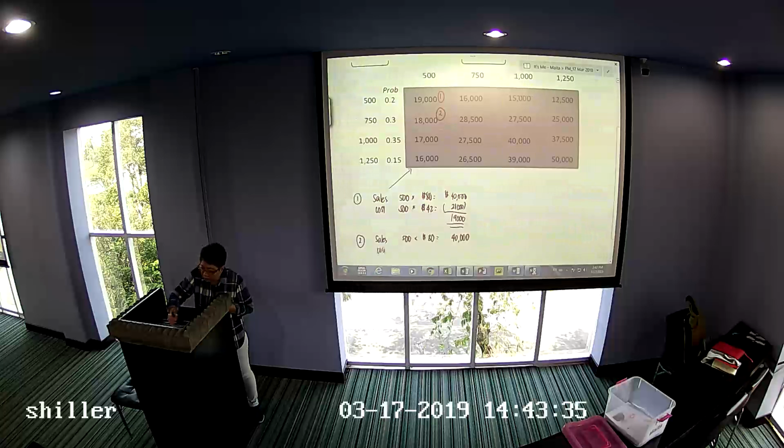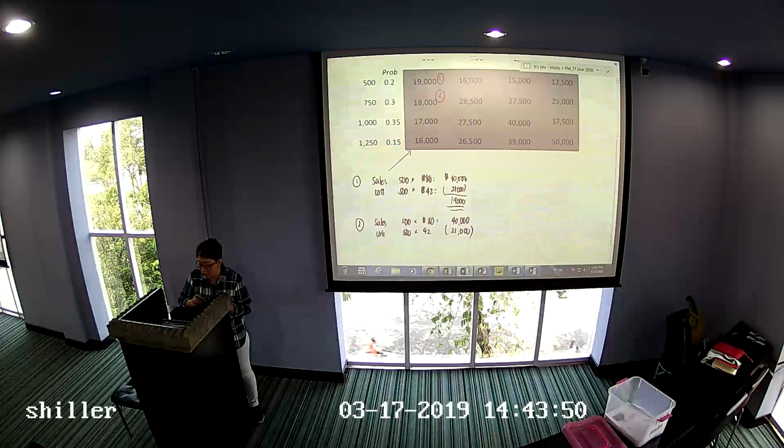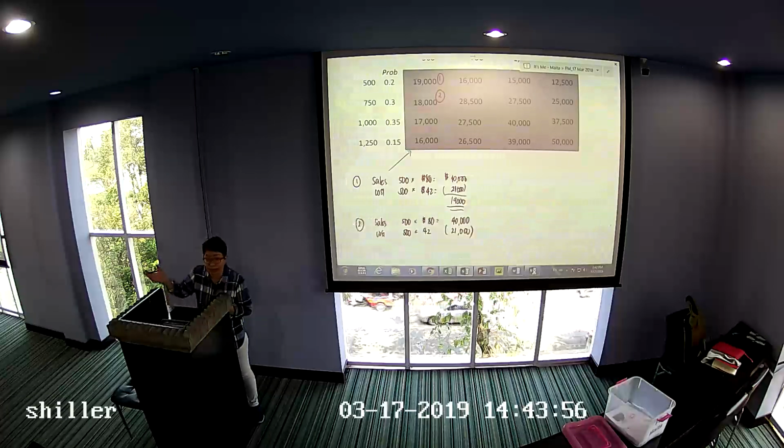Cost is 500 at 42 still. But there is an opportunity cost. We don't have unsold items, because we only bought 500 and the market is 750.